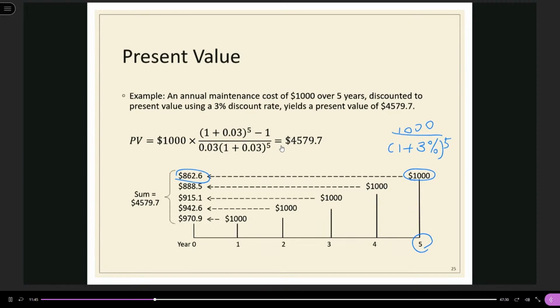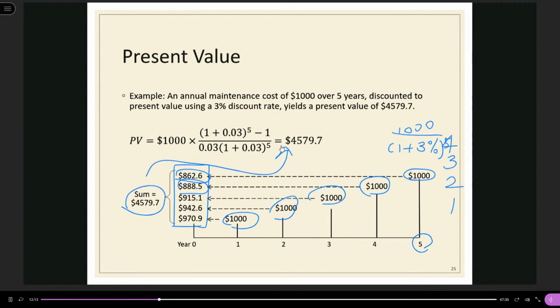For the fourth year, the exponent becomes 4, then it is 888.5, and then for this one it becomes 3, then 2, then 1. If you add up all these values, you have the same value as you calculate from this equation.